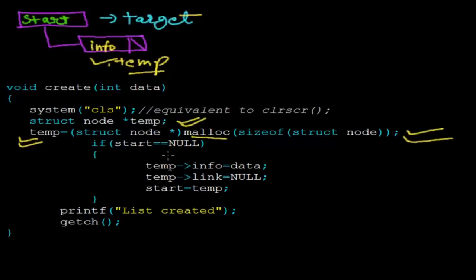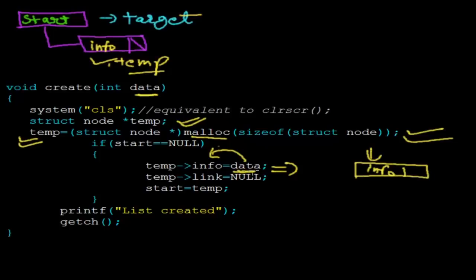Then if start equal to null, means if we are creating the first node, then copy the data part into the info part of the node. Means we have an info part in our temp node. We will copy the data which we have received from the user into this node.